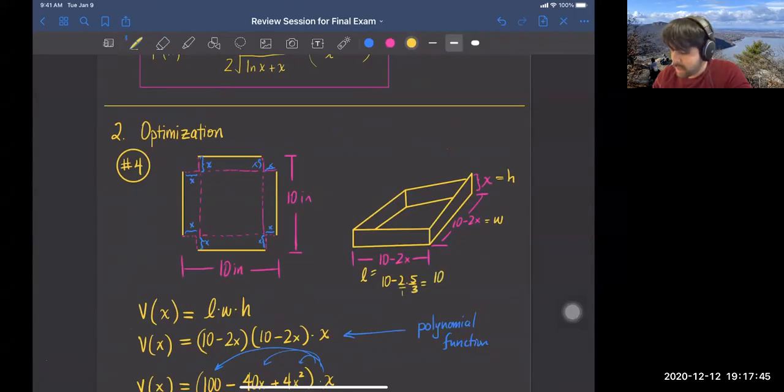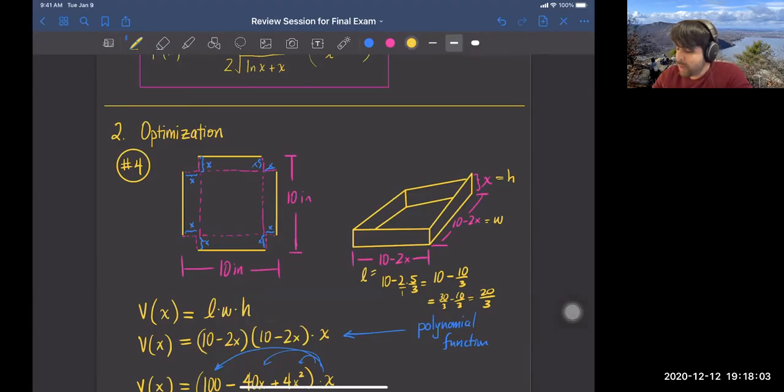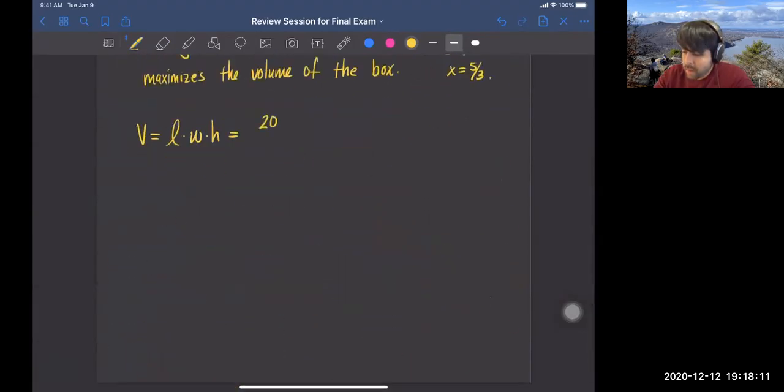This becomes 10 minus 10/3, which is the same as 30 over 3 minus 10 over 3, which equals 20 over 3. So the length is 20 over 3. And then the width will be the same, 20 over 3. And then the height will be what? 5/3. So now I have 20 over 3 times 20 over 3 times 5 over 3.